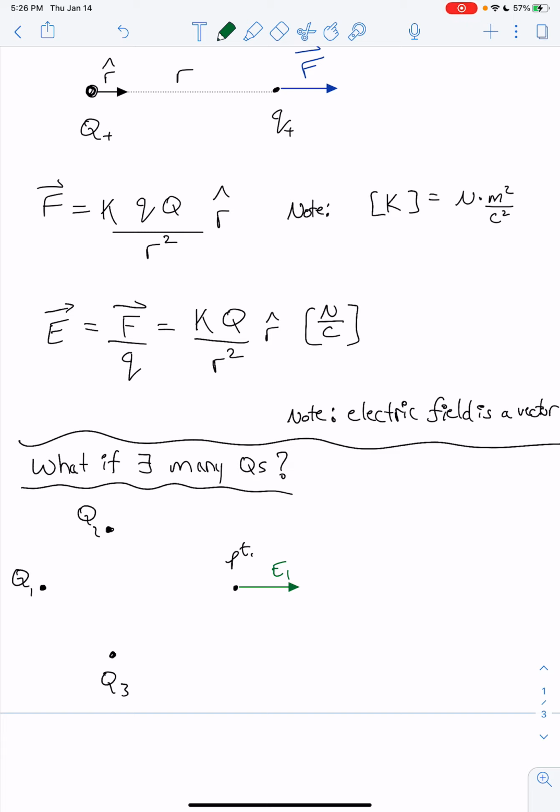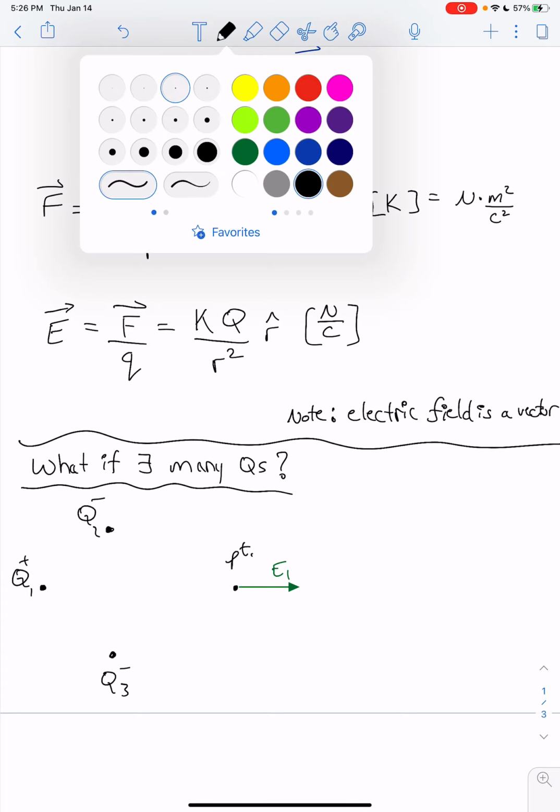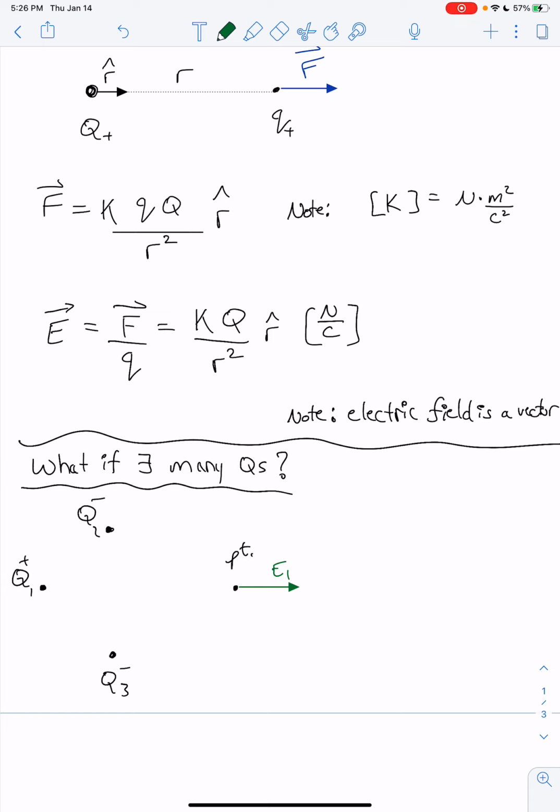In addition, we could make this even more interesting if these weren't all assumed positive. We could say this one's positive, this one's negative, and this one's negative. Okay, so if that's the electric field caused by 1, it's a vector, then what about the electric field caused by 2? Well, in that case, the field is going to be in this direction.